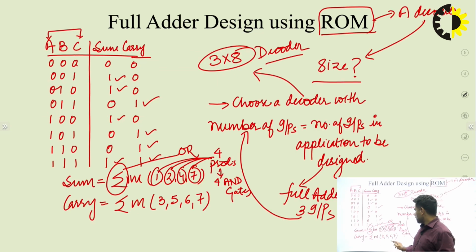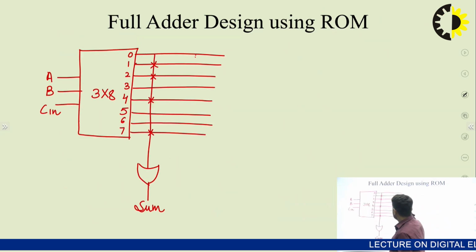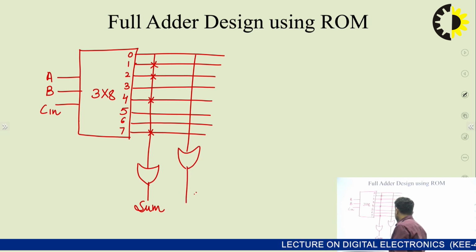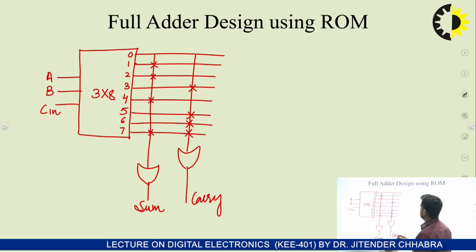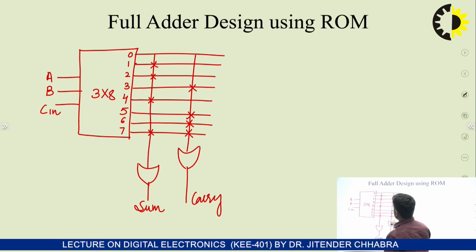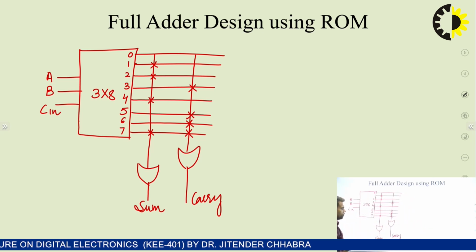Similarly, if we check the carry part, the outputs of AND gate numbers 3, 5, 6 and 7, which are already prepared inside the decoder, are also going to be added using another OR gate. So this is full adder design using ROM. That means the multiple AND gates are taken care of by using the programmable version of the AND gates.